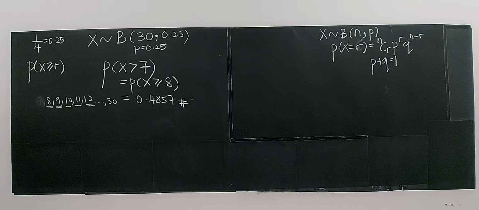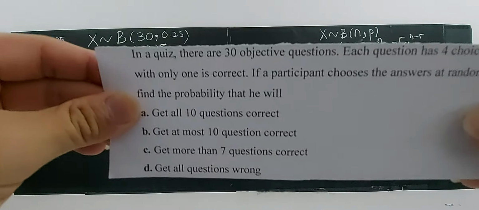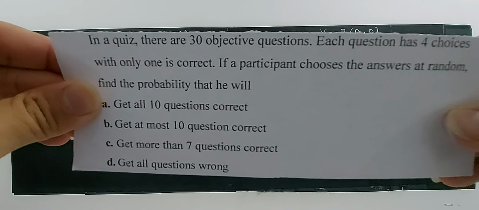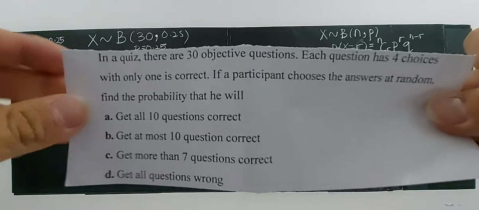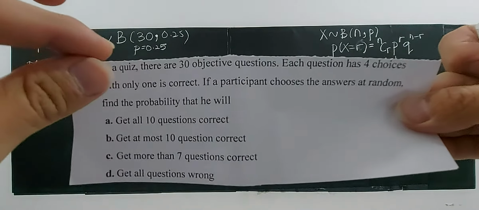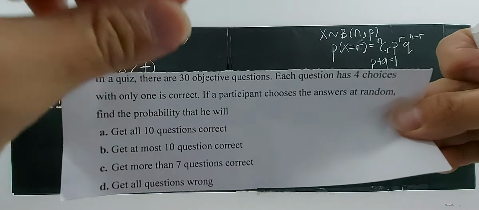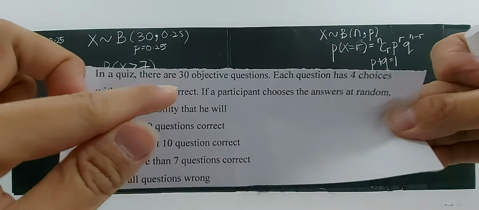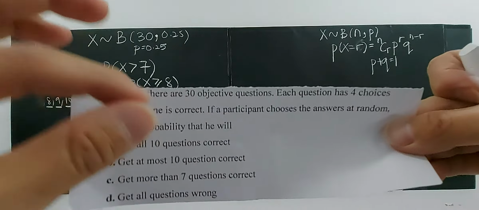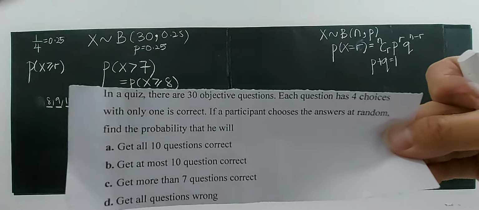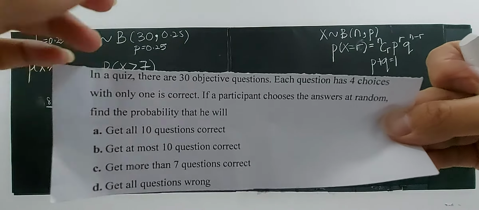Let's look at the last item here: get all questions wrong. This means the student does the questions just by randomly guessing. It's just a random guess, she doesn't know anything about this exam.